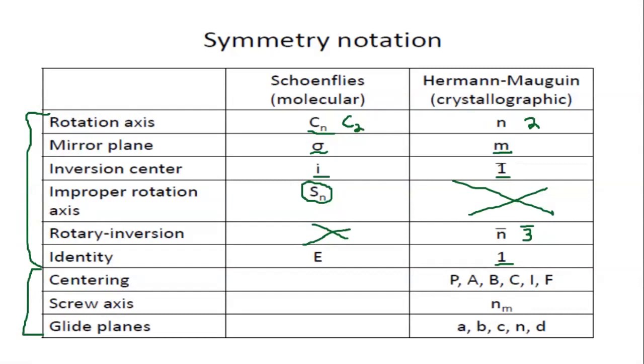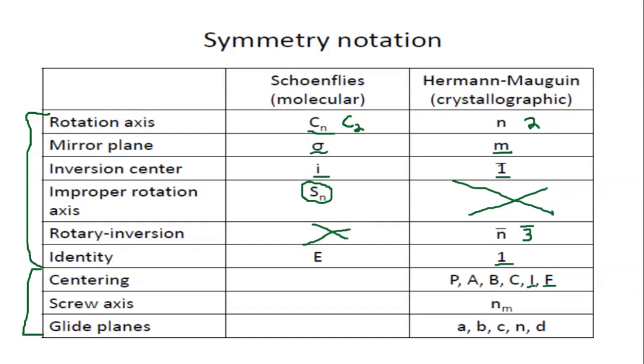Now if it's centered along the A axis or the BC plane, then the center would be, for example, 0.5, 0, 0. So A, B, and C are your face centering, I is body centering, and F is all the faces. So it's centered on each of the faces. That's face centering. A, B, and C are just individual faces that it's centered.